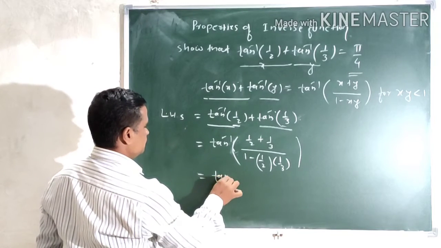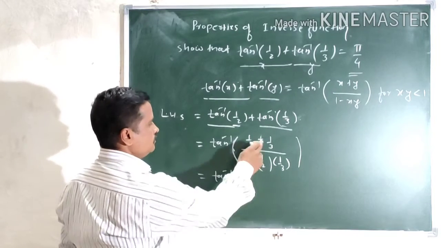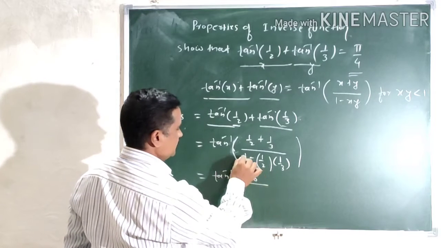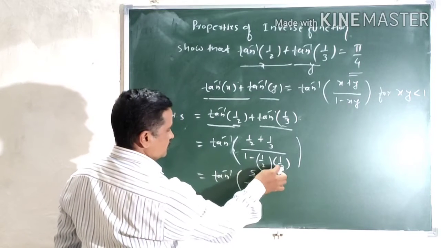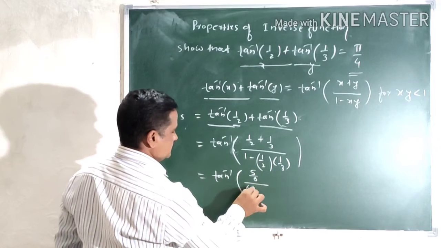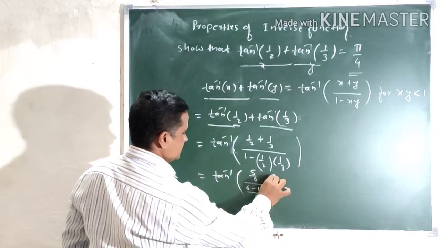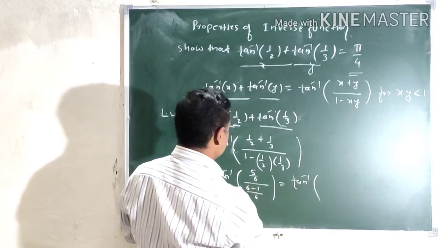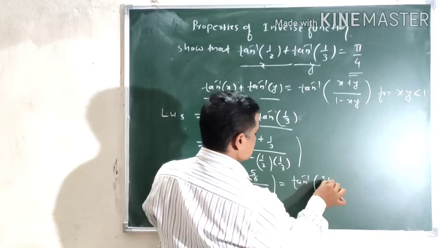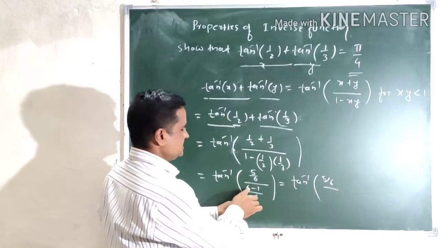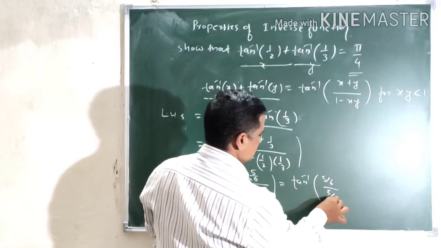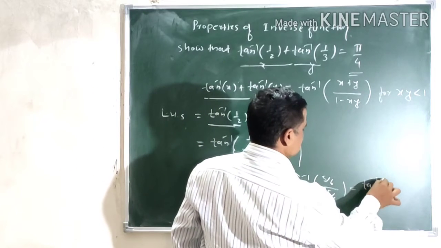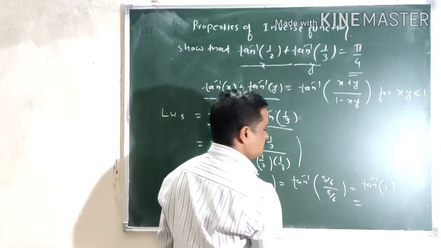It equals tan inverse of 5/6 divided by (1 minus 1/6). Calculating here, 1 minus 1/6 is 5/6. So it is tan inverse of (5/6) by (5/6), which equals tan inverse of 1.